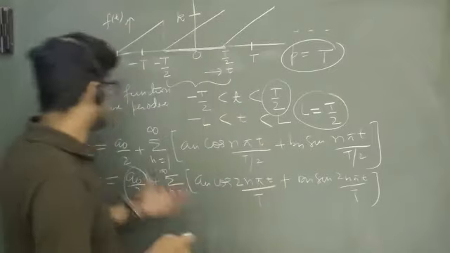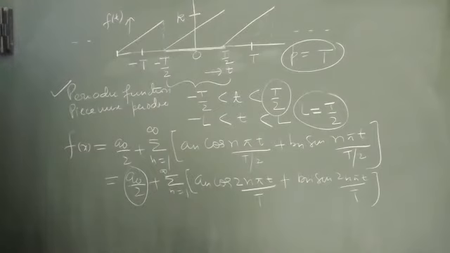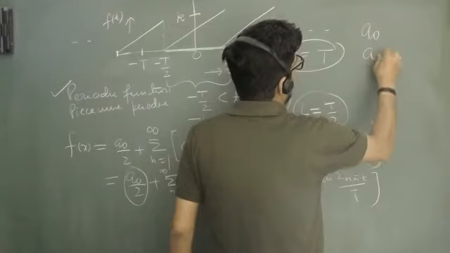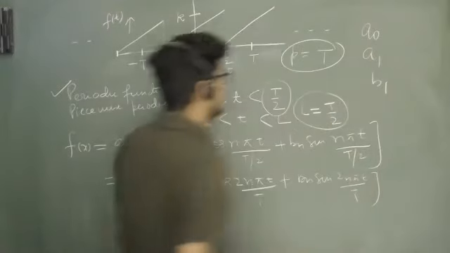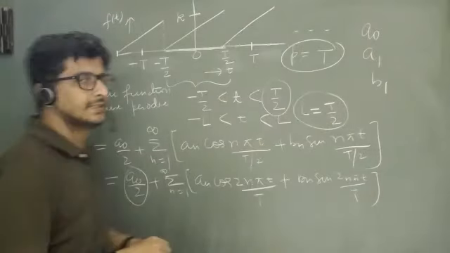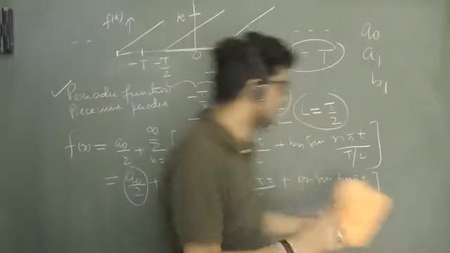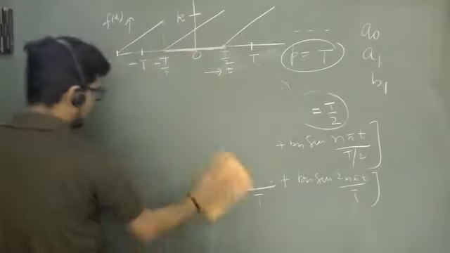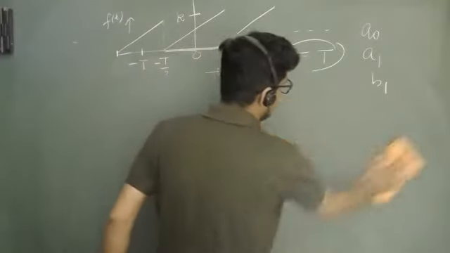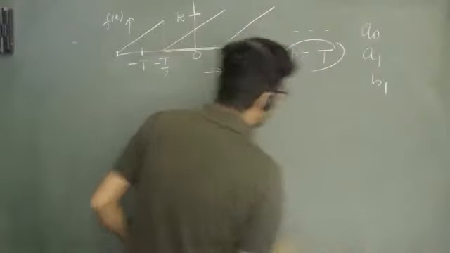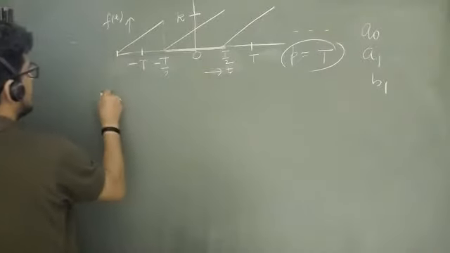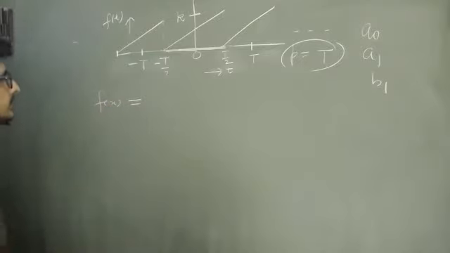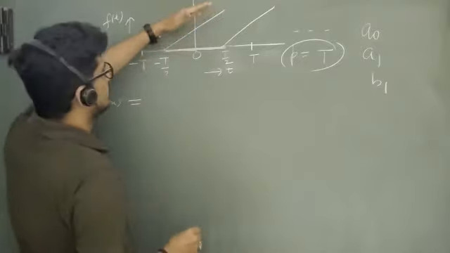So what is the first term? Let us calculate the 3 terms: a0, a1, b1. I want everybody to participate and calculate these 3 terms quickly. What does the function look like? It is a positive slope.